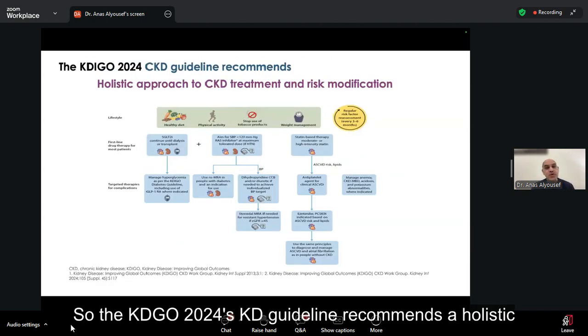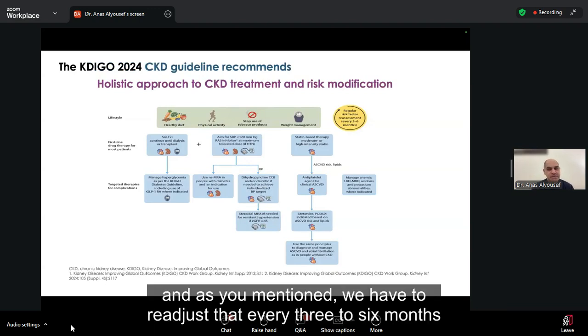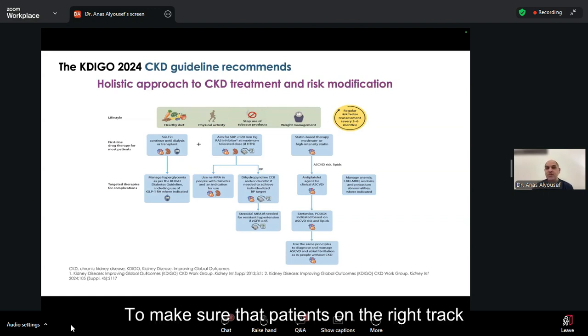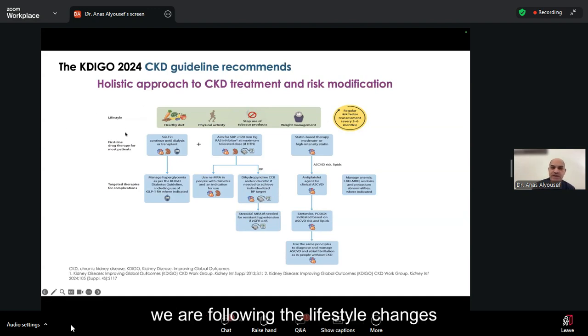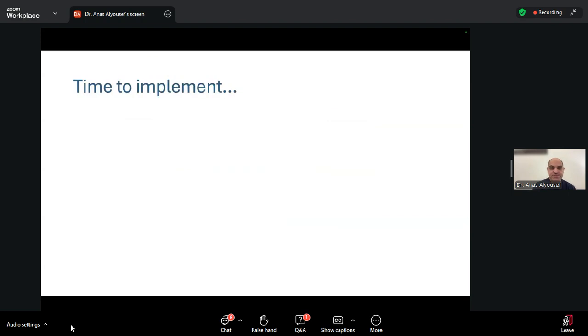So the KDIGO 2024 CKD guideline recommends a holistic approach to CKD treatment and risk modification. And as Dr. Ala mentioned, we have to readdress that every 3 to 6 months to make sure that the patient on the right track. We are following the lifestyle changes and they are on the appropriate medications for their condition, ideally the 4 pillars.